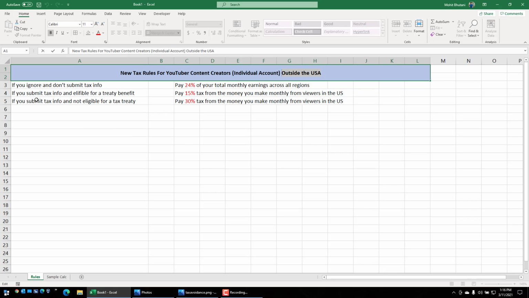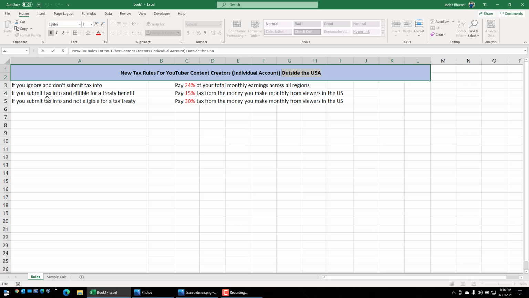Now, second is if you do submit your tax information and there is a tax treaty between your country and the United States, then you would be liable to pay 15% tax on your earnings that are from the viewers in the United States.